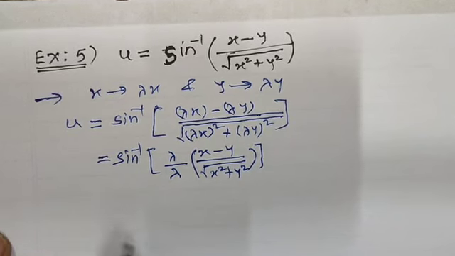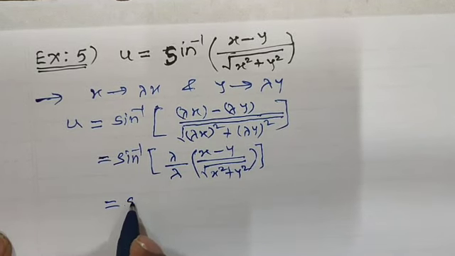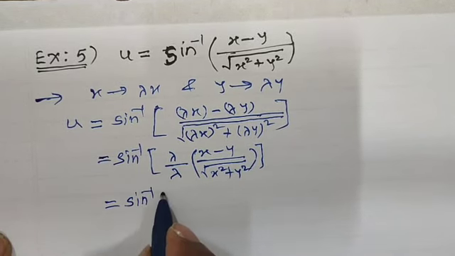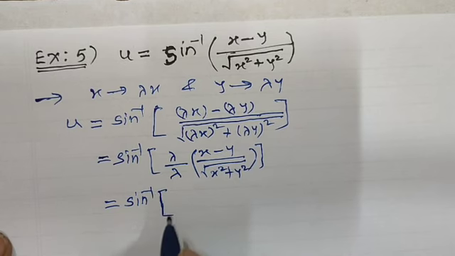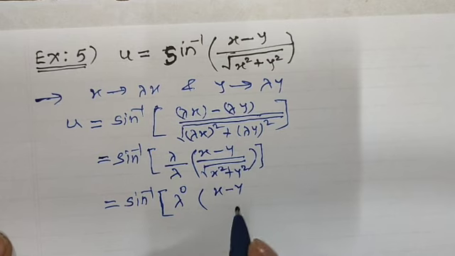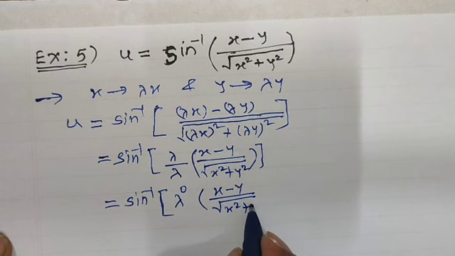Okay, so this is equal to, again simplifying, sine inverse, this can be written as lambda to the power 0 times x minus y upon square root of x square plus y square.